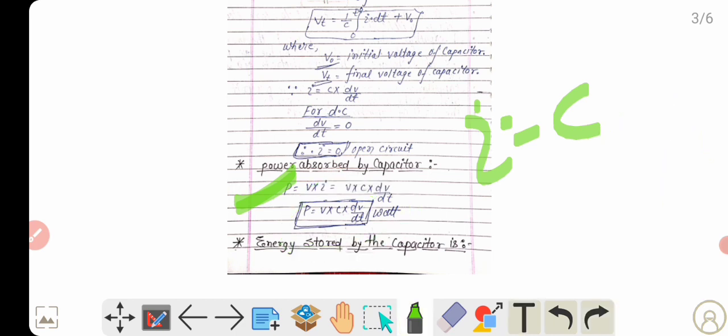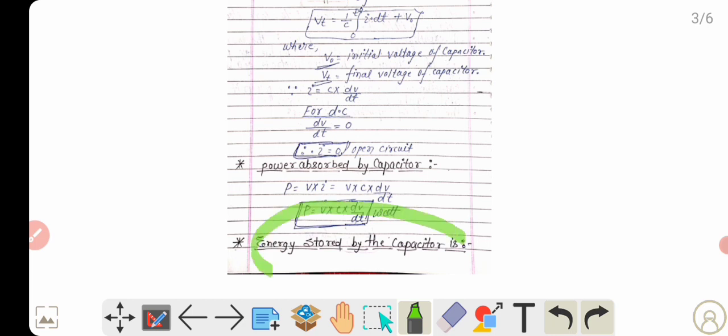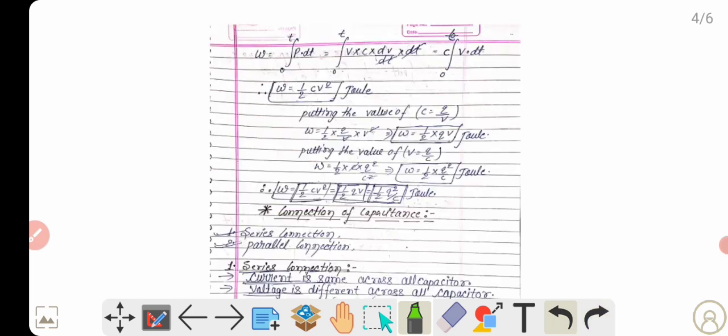Now my dear friends, next we will calculate the value of energy stored by the capacitor. As we know, the energy stored is equal to the integration from 0 to t of p dt, meaning the integration of power from 0 to t is equal to the amount of energy.